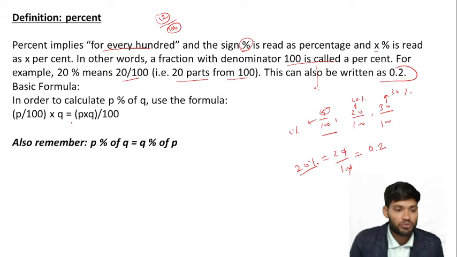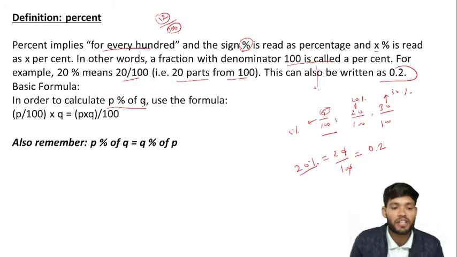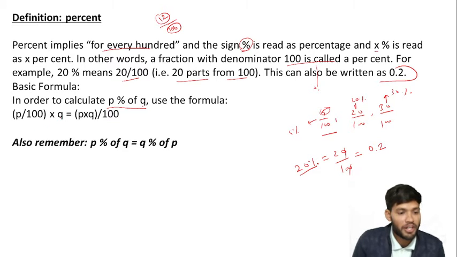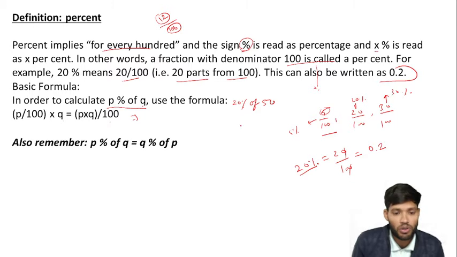Basic formula to calculate p percent of q: p percent of q equals p by 100 into q, or p into q by 100. Any percent of any number we can calculate using this formula. For example, we have to calculate 20% of 50. Here p is 20% and q is 50.